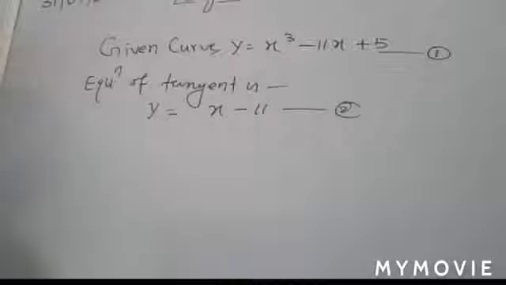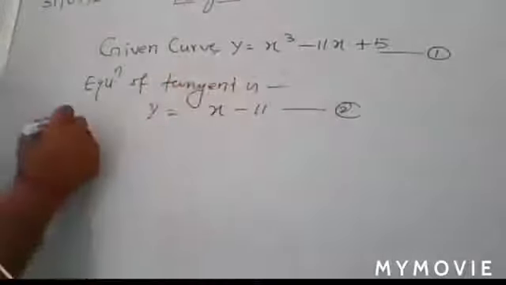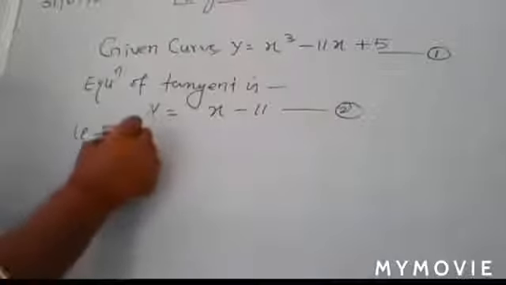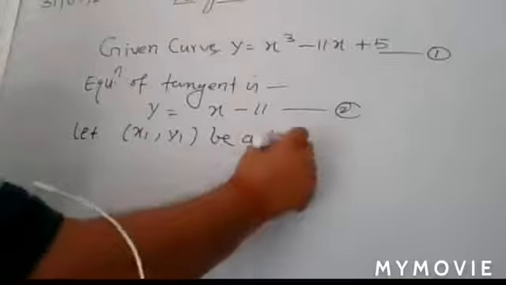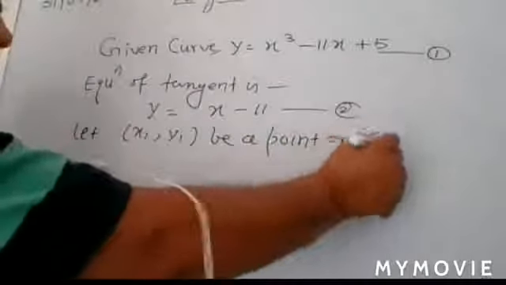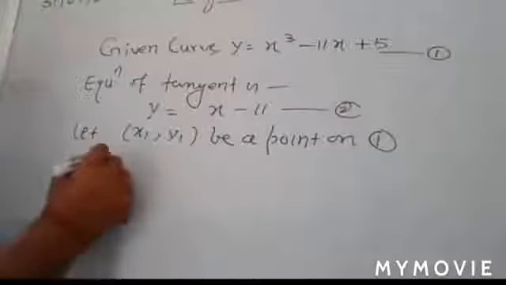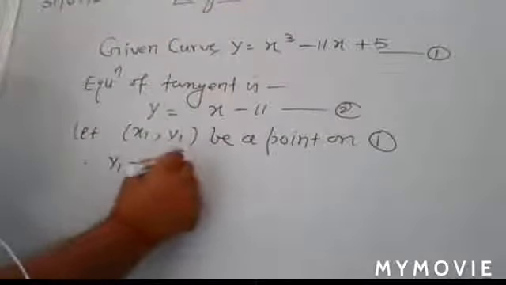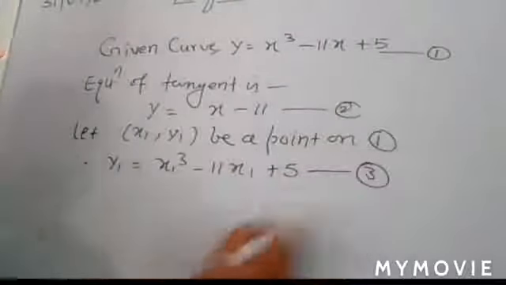Understand? So first of all, you assume a given point on curve 1. You write here, let x1, y1 be a point on 1. So it will be satisfying it: y1 is equal to x1 cube minus 11x1 plus 5. That is your third equation.